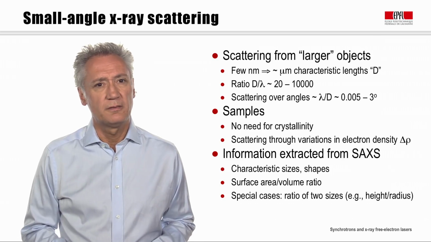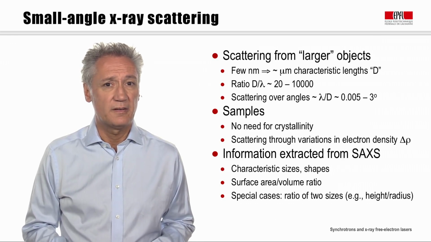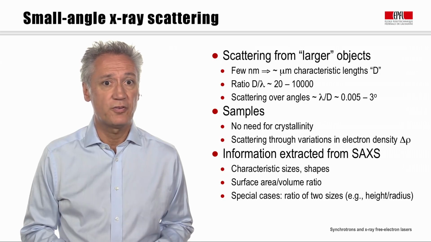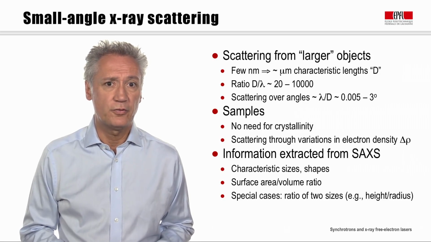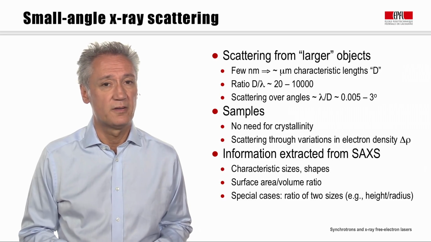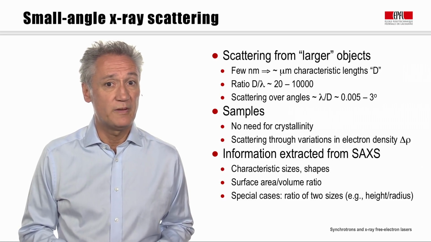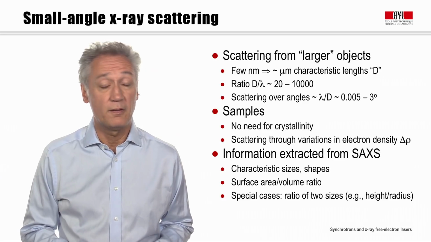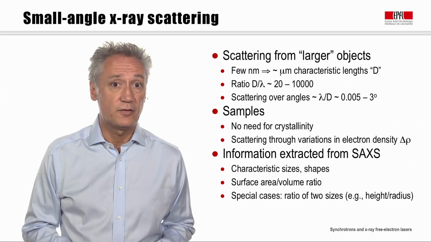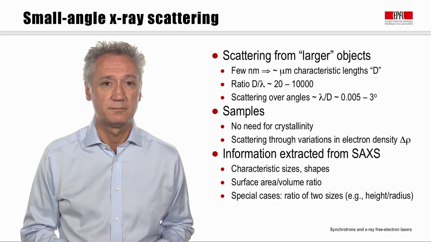Typical information extracted from SAXS include characteristic shapes and sizes, surface area to volume ratios, and, in special cases, the relationship between two well-defined sizes, such as between the radius and the thickness of a circular platelet.